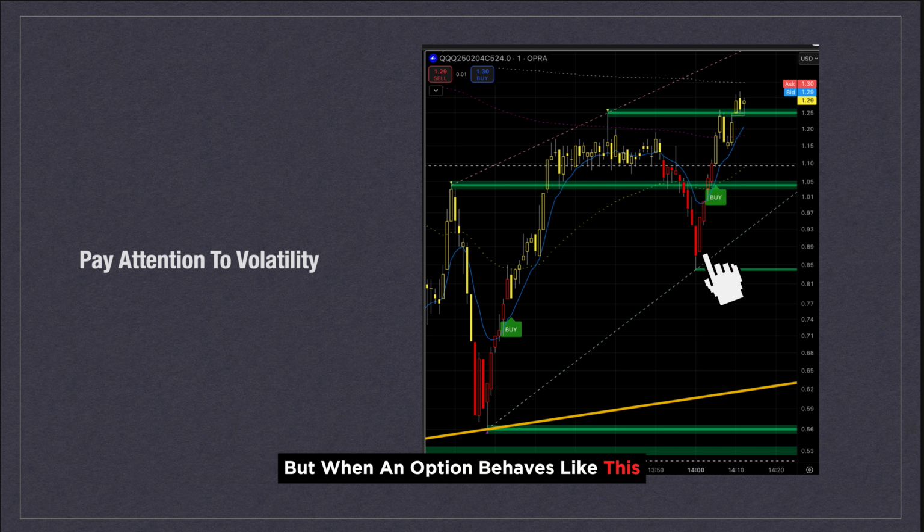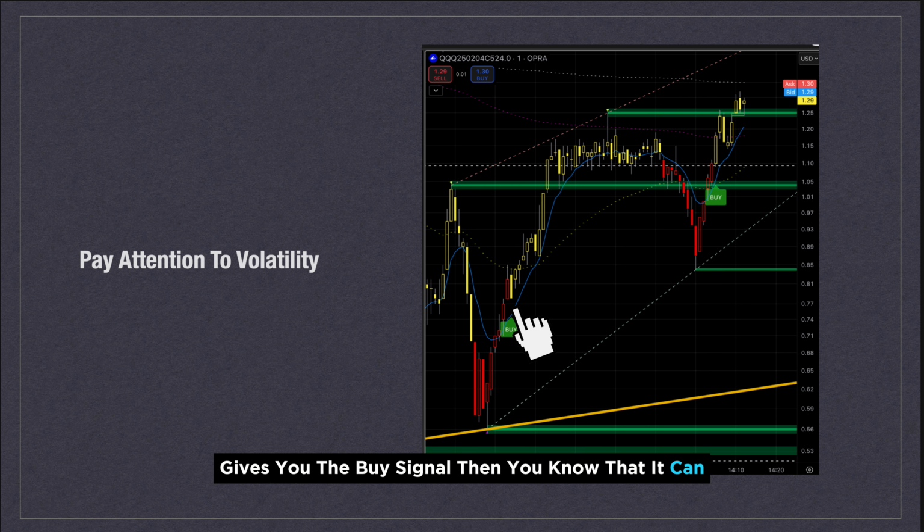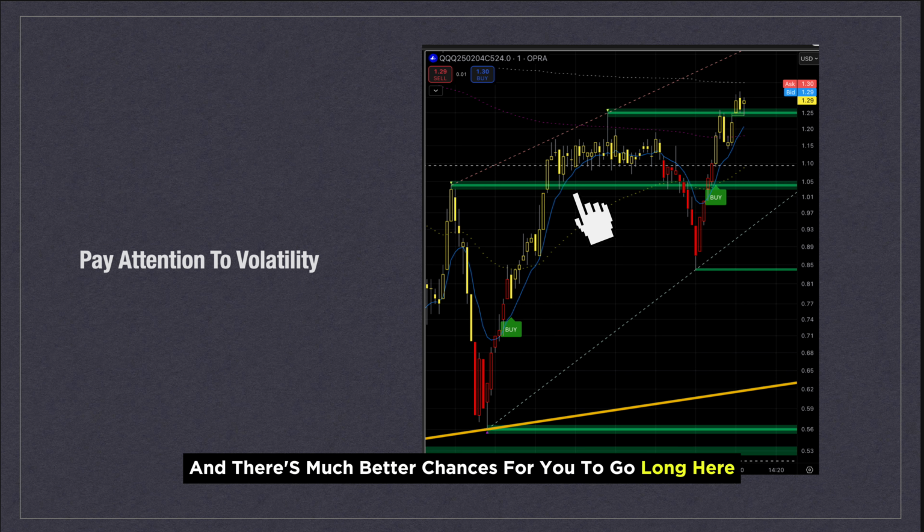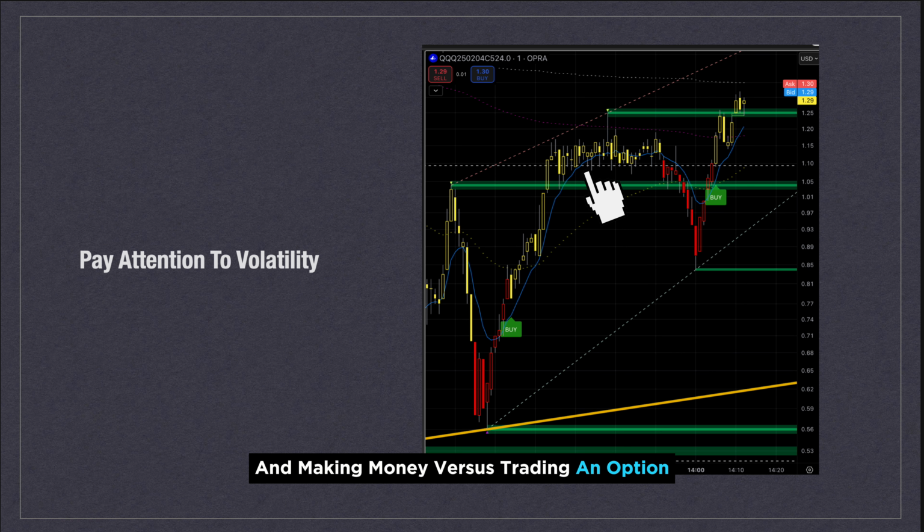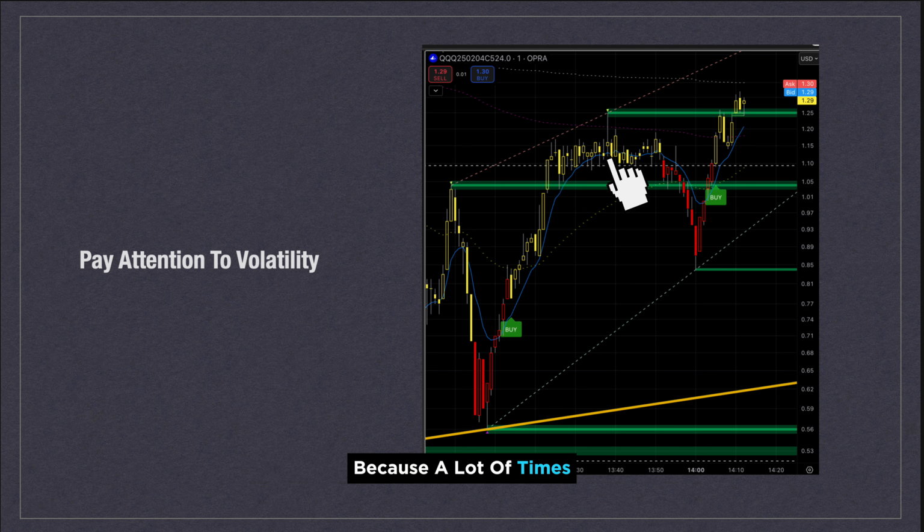But when an option behaves like this, where the option gets sold into support very quickly and then it just bounces up very quickly and gets above the 9 EMA, it gives you the buy signal, then you know that it can continue being volatile and there's much better chances for you to go long here and make money versus trading an option which is just going sideways, because a lot of times sideways results in you losing money and the option dying or going down.